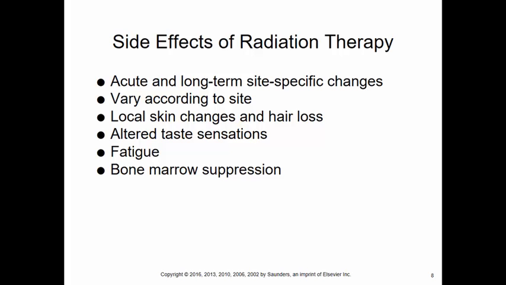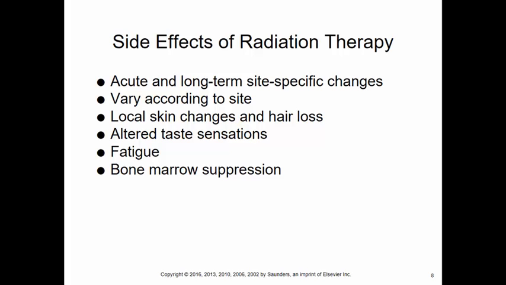We could see almost burns on people's skin. Depending on where it is, we could see altered taste sensations. Fatigue and bone marrow suppression, of course, are going to be seen. Table 22-2, acute and late site-specific effects of radiation therapy in IGGI 8th edition, is on page 376.